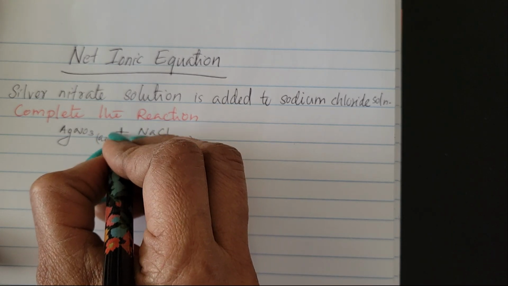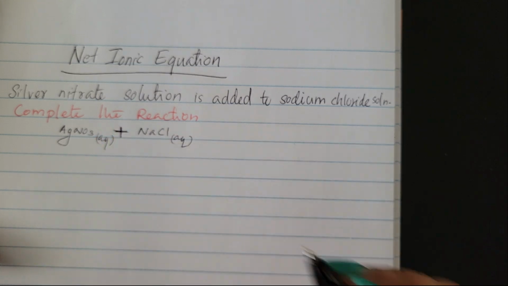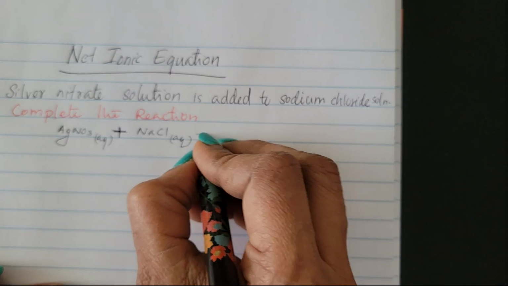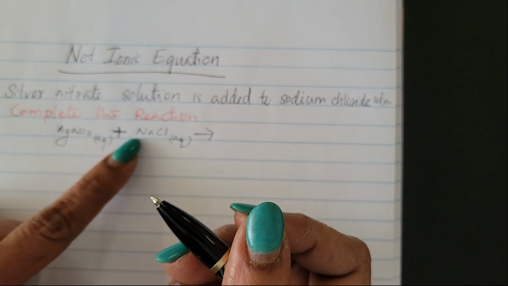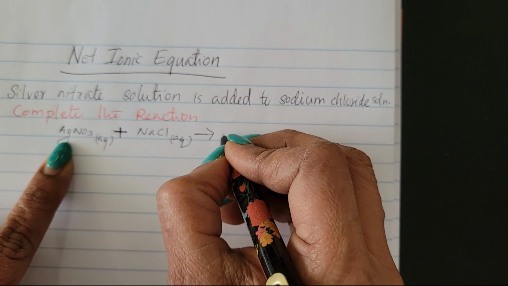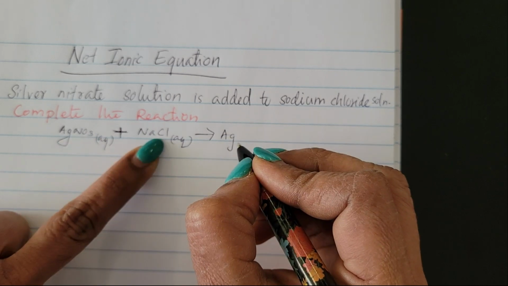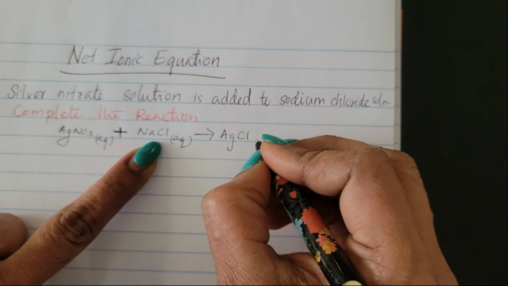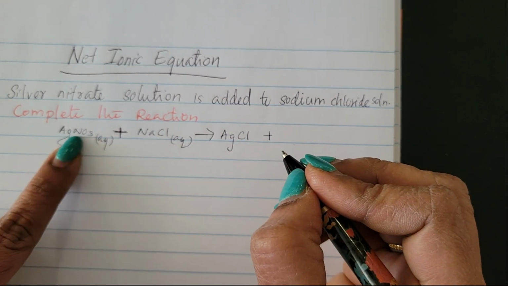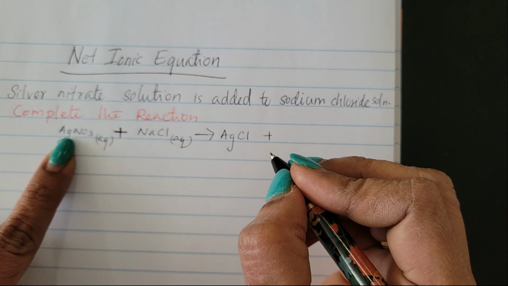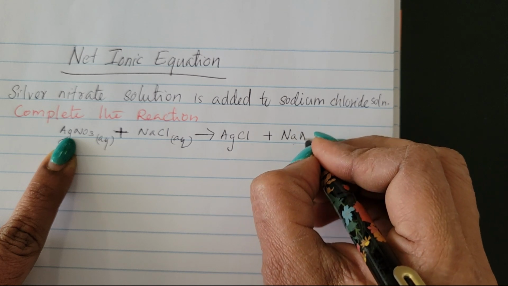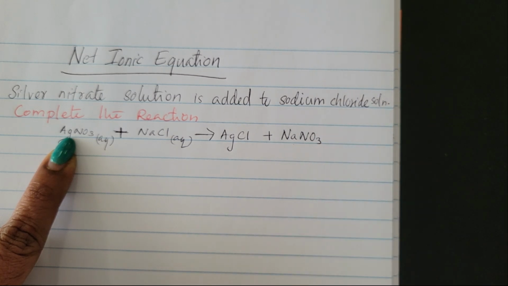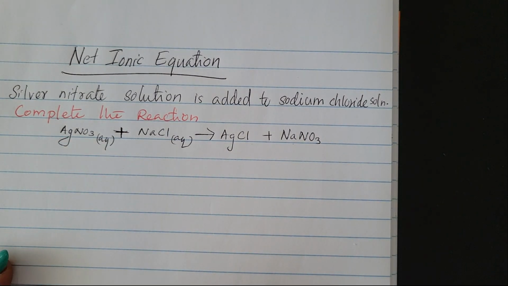This is combining. That's simple. Then we are swapping the metal to decide the product. What is the product? First one, Ag will go with what? Cl. AgCl plus Na will go with NO3. Whenever you write the formula, the metal should come first. Don't write NO3Na. This is the first step.